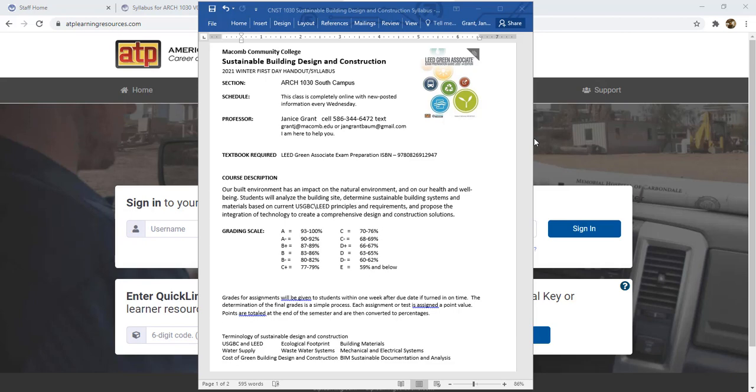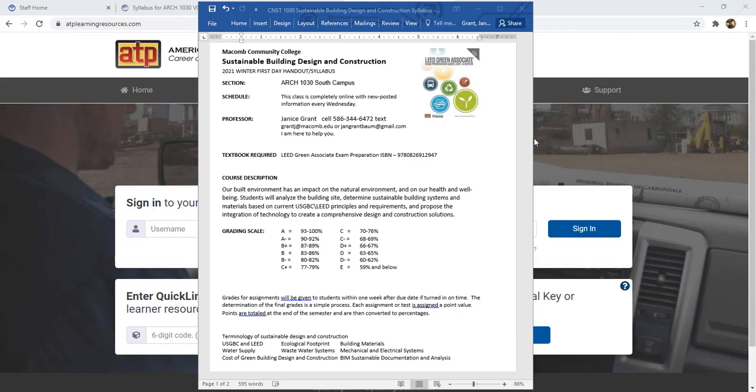We are studying for the LEED Green Associates professional exam and learning about all those things that impact the natural environment, the decisions that we make in the whole process of design and construction. When you think about sustainable design, it's really a bigger picture of everything: the water, the air, the energy that we use, the building materials, and the life cycle of those materials.